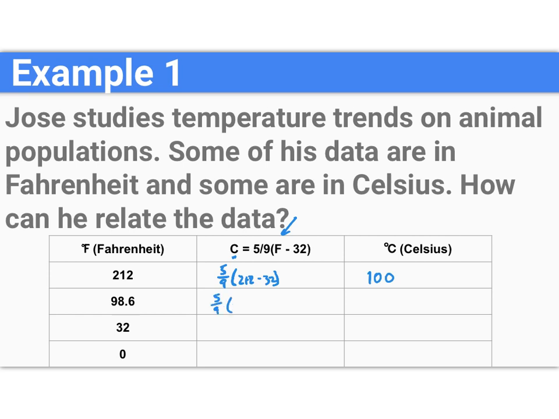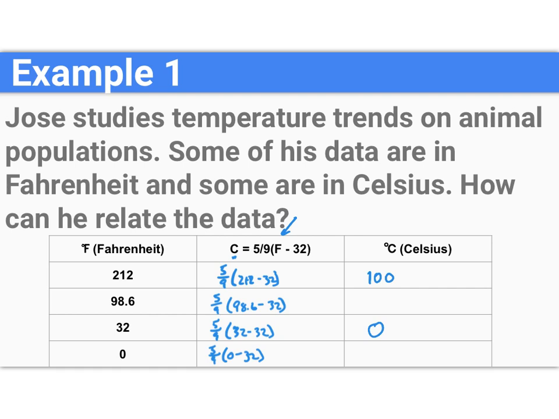5/9 times 98.6 minus 32, and then 5/9 times 32 minus 32, any number times 0 is 0, and then 5/9 times 0 minus 32.